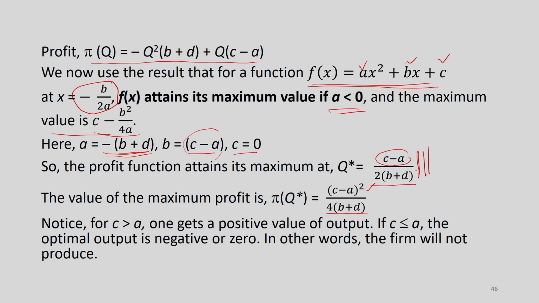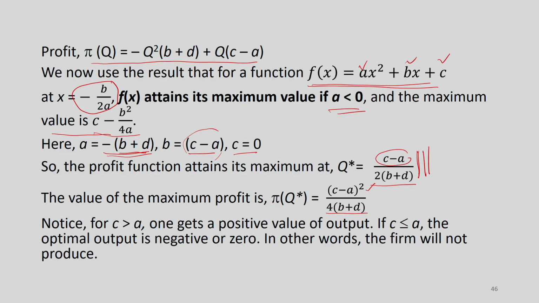So, this is valid if you have C greater than or equal to A, only in that case Q star is positive. If C is less than or equal to A, then you are in trouble, because then Q star will be negative or 0. And if you have Q star negative, that is not feasible, you cannot produce a negative amount of output, which basically means in that case the output will be 0.